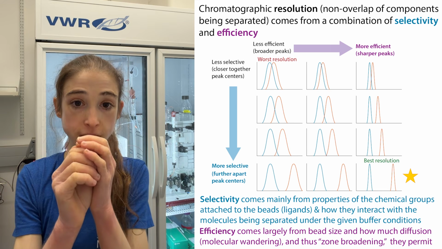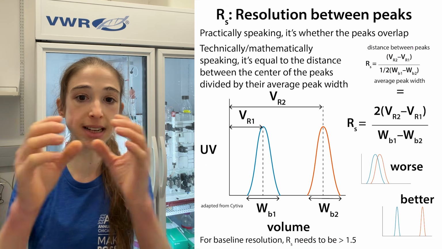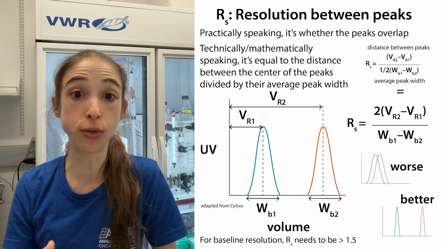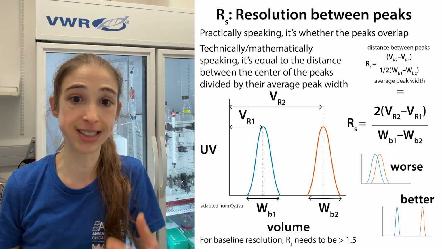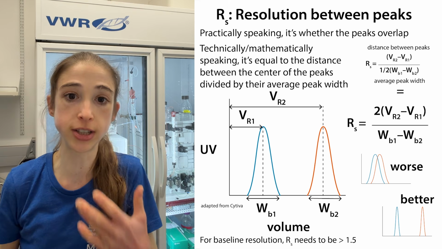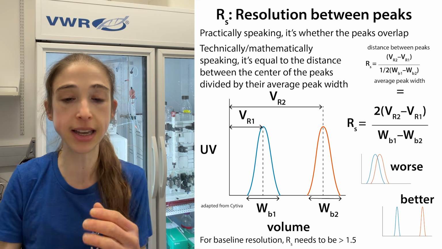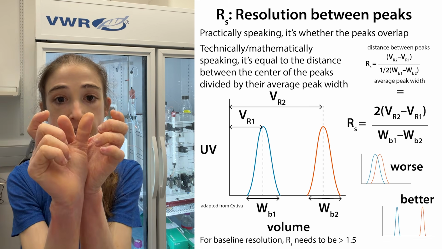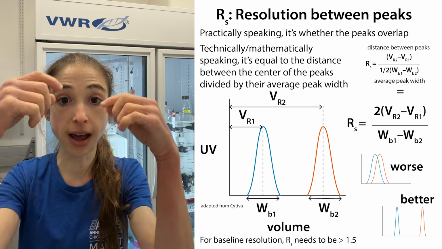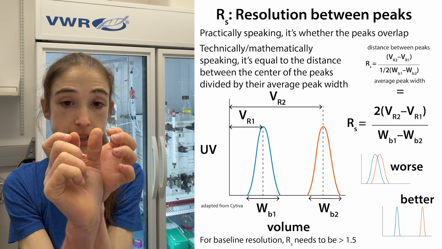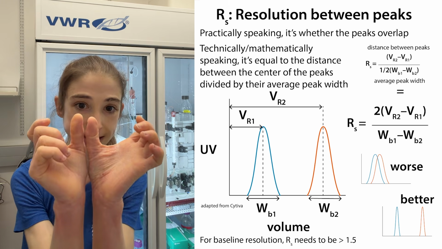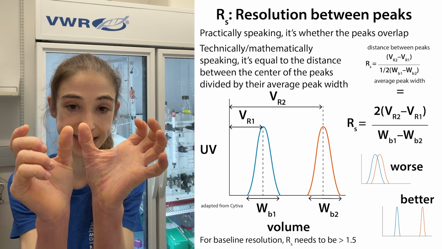is going to give you good resolution. Resolution is basically whether the peaks are overlapping. There's actually a mathematical formula to describe resolution. Mathematically in chromatography, resolution is the distance between the peaks divided by the average width of the base of the peaks. You need that value to be above 1.5 to have separation of the peaks at their bases.